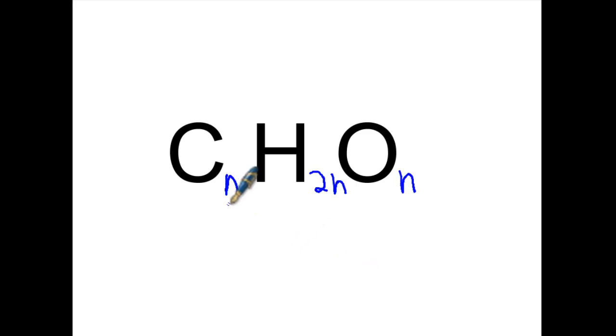And we often simplify this and say there's n number of carbon, 2n hydrogen and n oxygen. For example, what we have here is one that you're probably a bit familiar with, and this is glucose, with twice the number of hydrogen as there are carbon and oxygen.